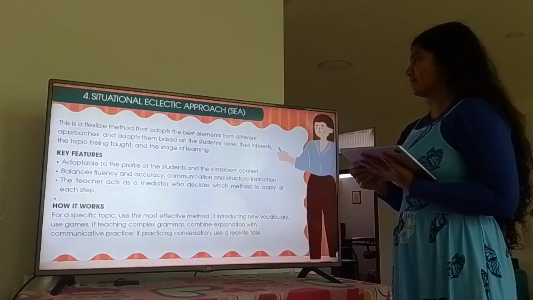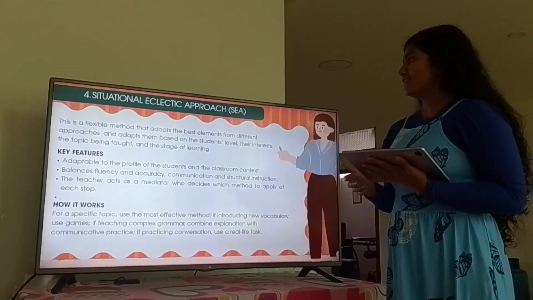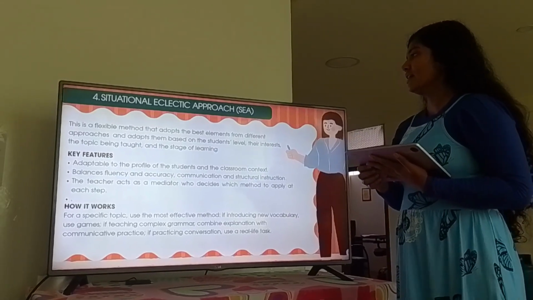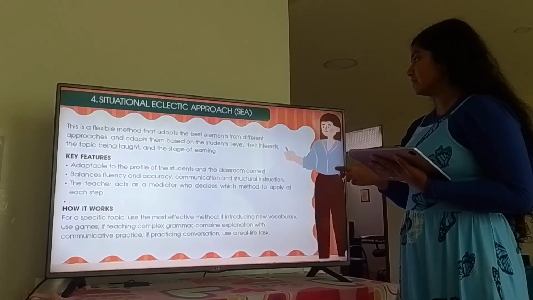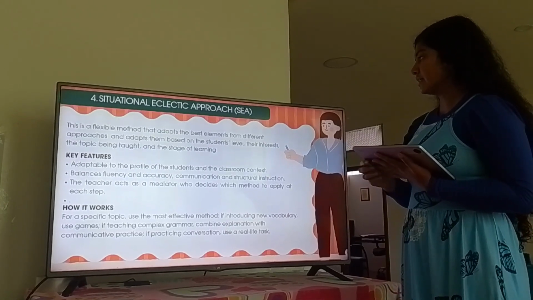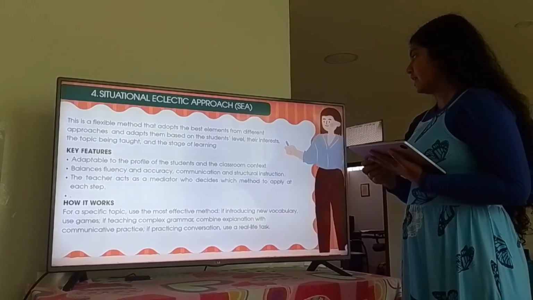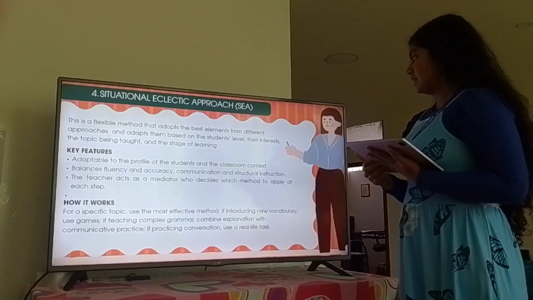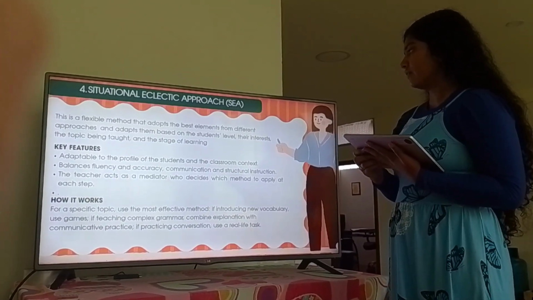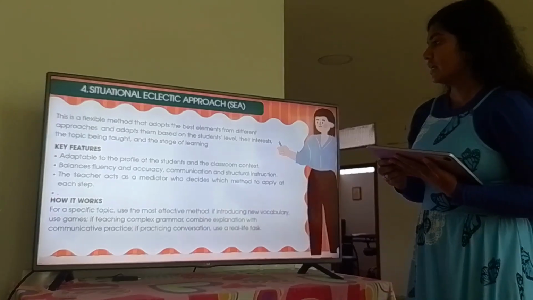Method number 4. Situational eclectic approach. This is an eclectic method that adopts the best elements from different approaches and adapts them based on the students' current interests, the topic being taught, and the stage of learning. Key features.